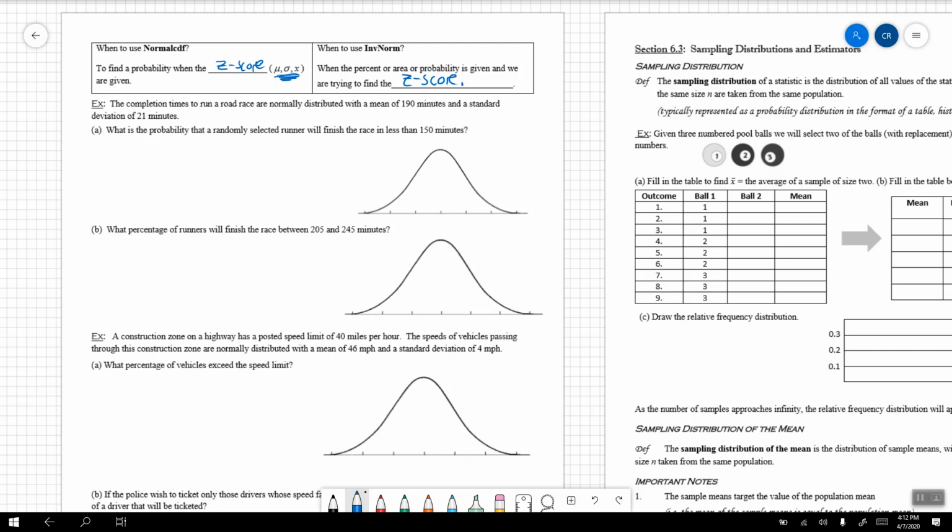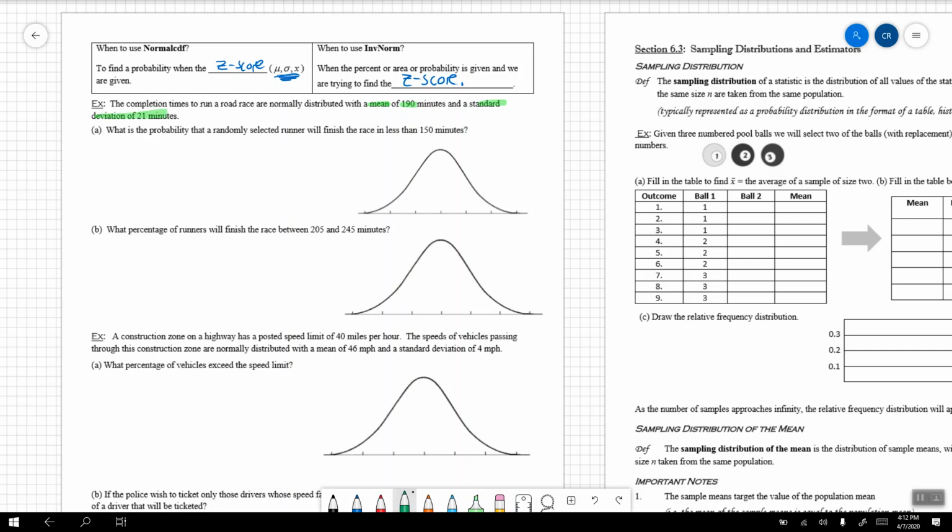The completion times to run a road race are normally distributed with a mean of 190 minutes and a standard deviation of 21 minutes. There are a few things given to us here: a mean of 190 minutes and a standard deviation of 21 minutes.